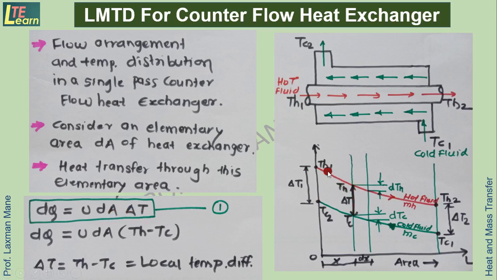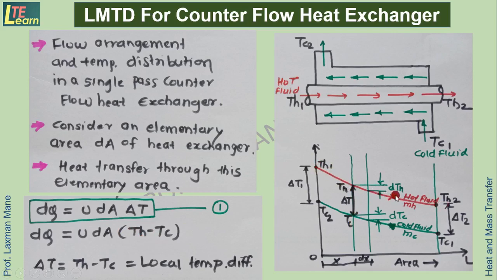See here, this is a hot line and this is a cold line. So here the temperature on the hot line is TH and on the cold line TC. So this difference is delta T. Now here other temperatures are TH1 and TH2.